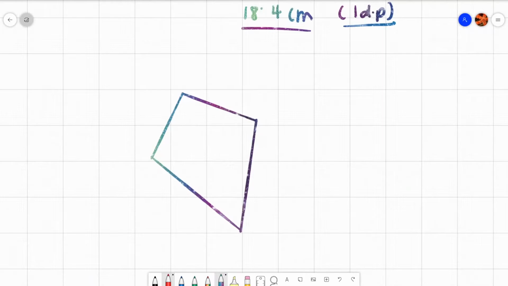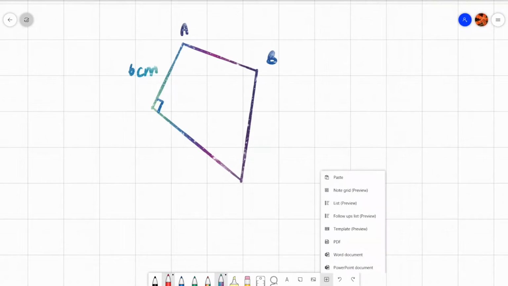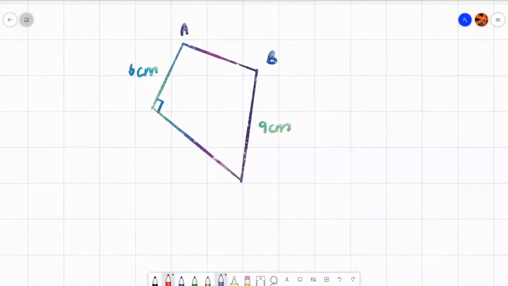Okay, I have got A there, B there. I'm going to say that's a right angle. No, it doesn't look like one, but it's not drawn to scale. 6 centimeters and 9 centimeters. That one's 7 centimeters. And this here is 75 degrees.